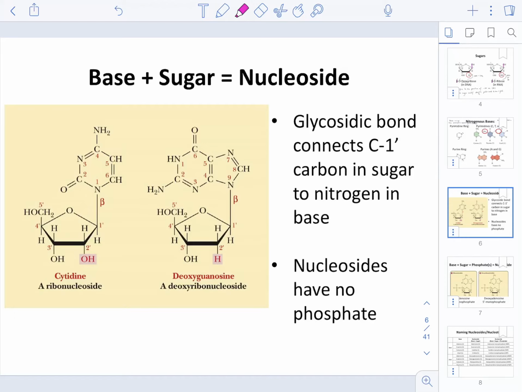In the case of a nucleoside, that nitrogenous base is going to be bonded to the sugar motif at carbon 1 through what is called a glycosidic bond. And glycosidic just means sugar. So that's why, since we have sugar binding a nitrogenous base, that is called a glycosidic bond. At times you will see that they also call it an N or beta N glycosidic bond.